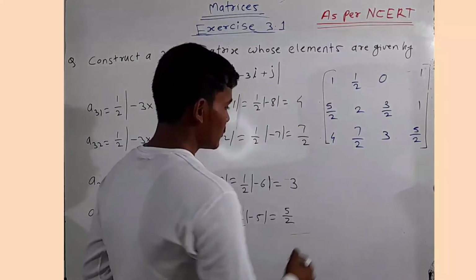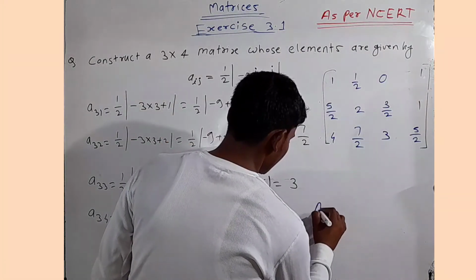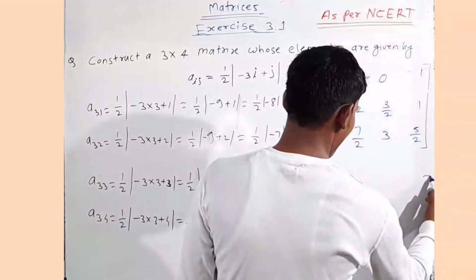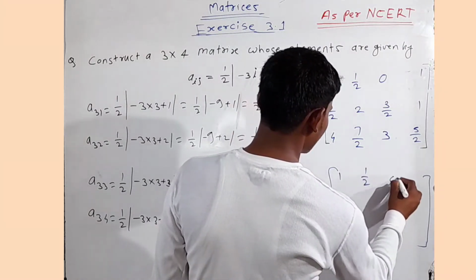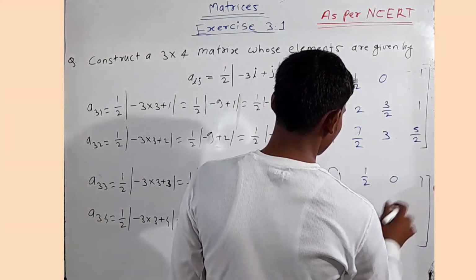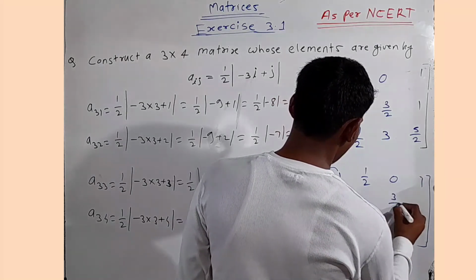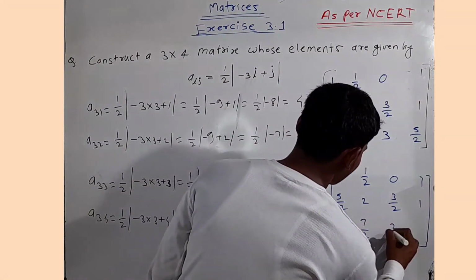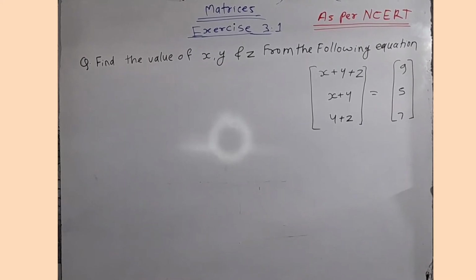In this way we have constructed the matrix A of order 3 by 4, that is 1, 1 by 2, 0, 1; 5 by 2, 2, 3 by 2, 1; 4, 7 by 2, 3, 5 by 2.